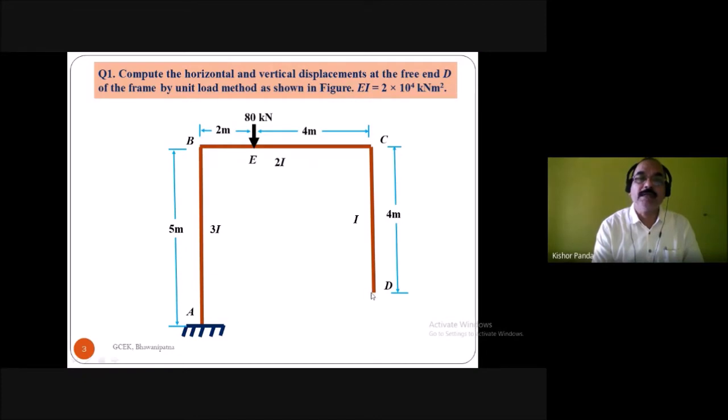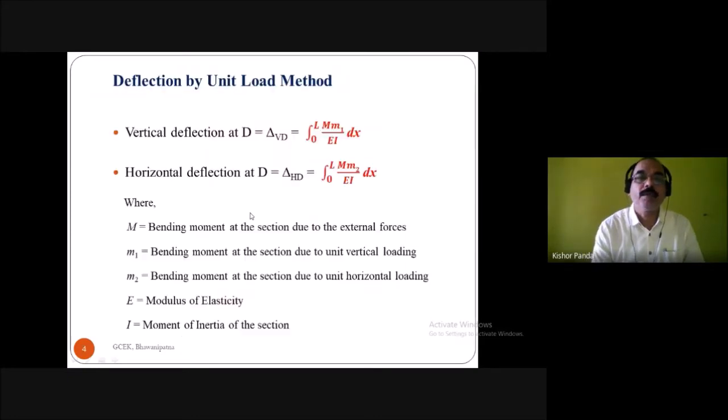Then, considering the unit vertical force, find the moment in each member of the frame. Then apply the unit horizontal force and find the moment in each member of the frame. Then you find the deflection by the unit load method.